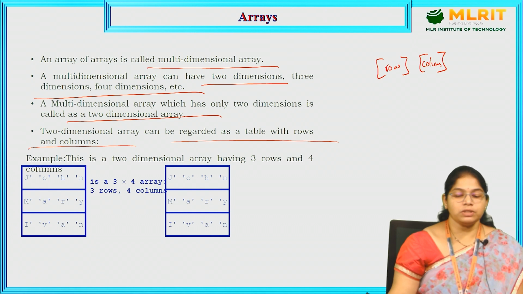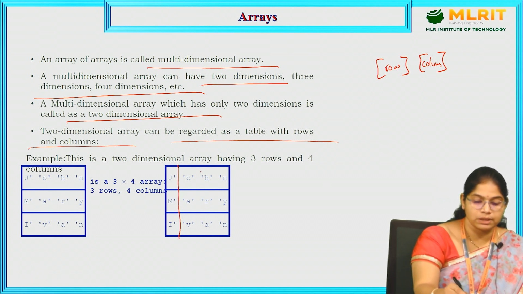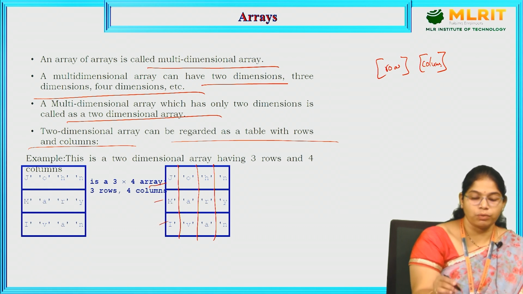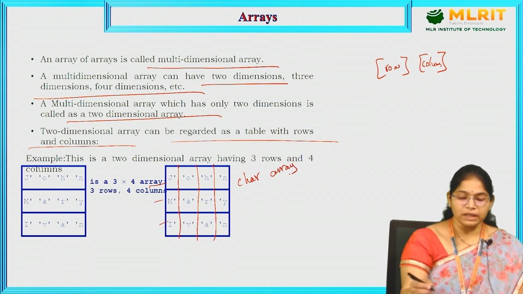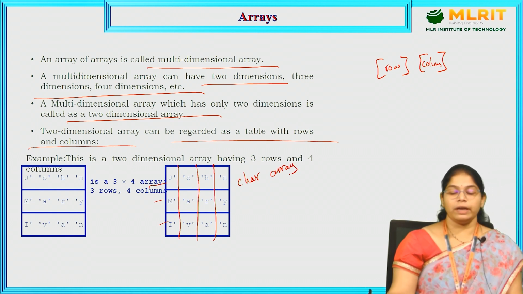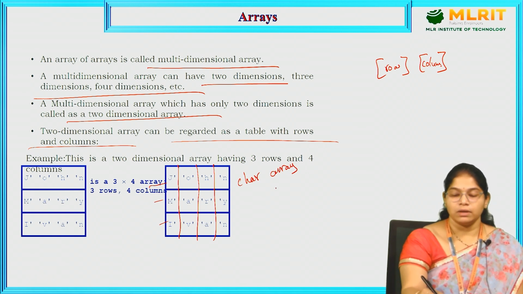This 2-dimensional array has 3 rows and 4 columns. So here you can see these are the rows, 3 rows and 4 columns, but it is a character array, character data type. How can we write a character data type? If we go with a 1D array, the syntax is data type, array name, size.